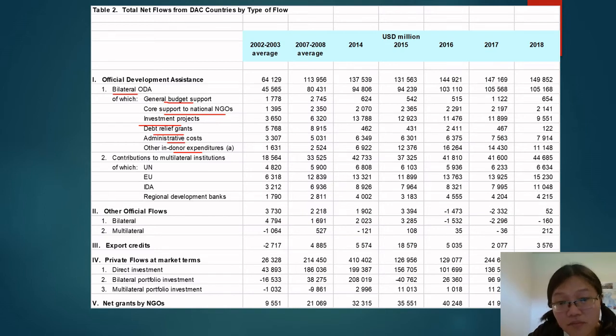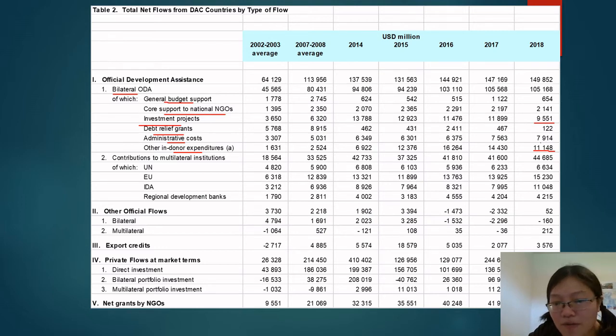In 2018, the highest amount is actually in-donor expenditures, interestingly, compared to all the other types of official development assistance. And then you have investment projects, which also comprise a major proportion of the official development assistance.